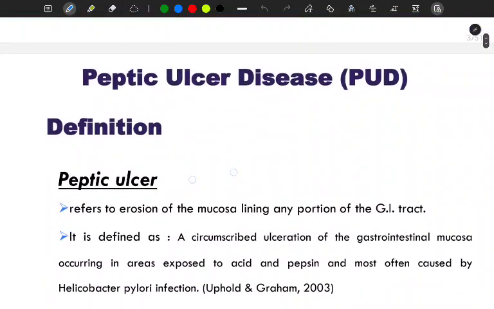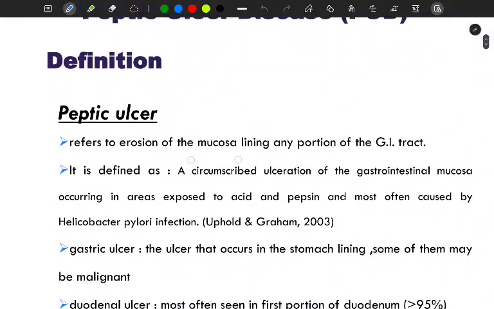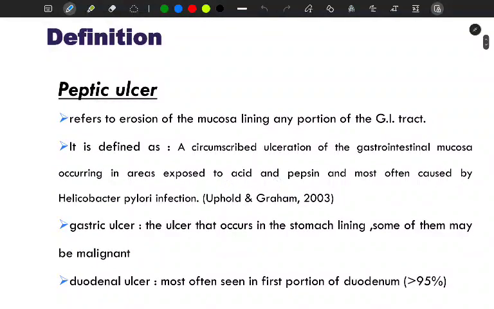Peptic ulcer disease refers to erosions in the mucosal lining of the GI tract, circumscribed ulceration in the lining that leads to exposed areas to acid and pepsin, and we will show you in the next couple of slides how ulcers develop after being exposed to acid, pepsin and H. pylori as well.